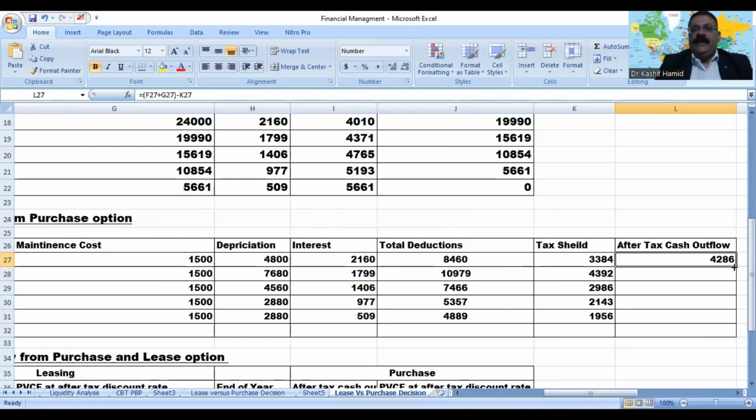So these are the after tax cash outflows computed from the purchase option.